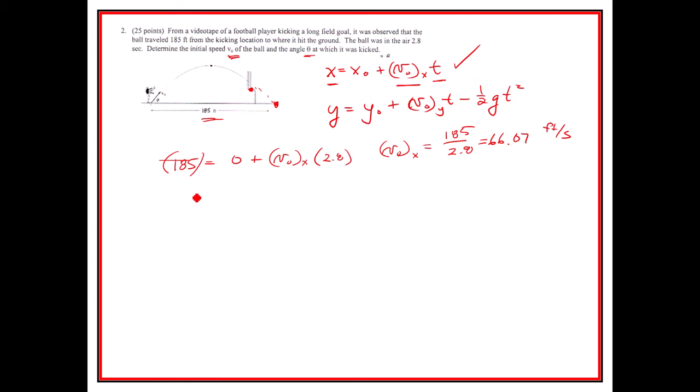So all we needed to do was note that y and y0 are going to be equal to each other, plus V0y times t minus 1/2 times 32.2 times t squared right here.